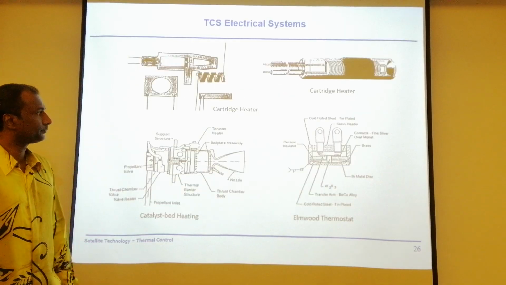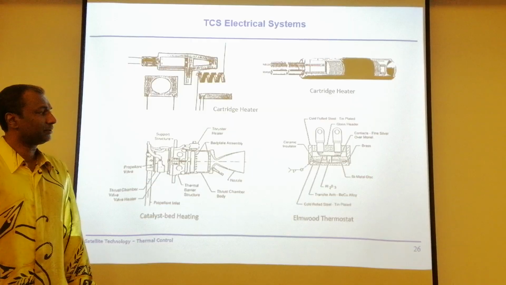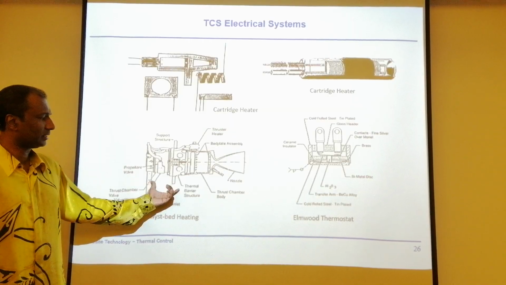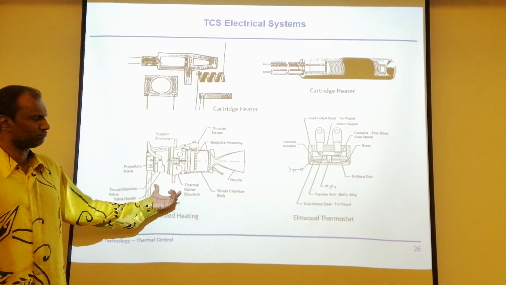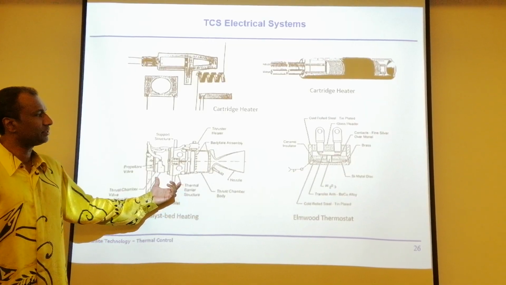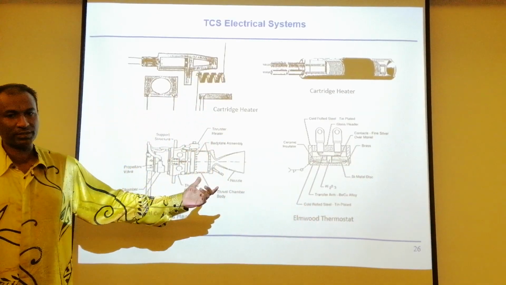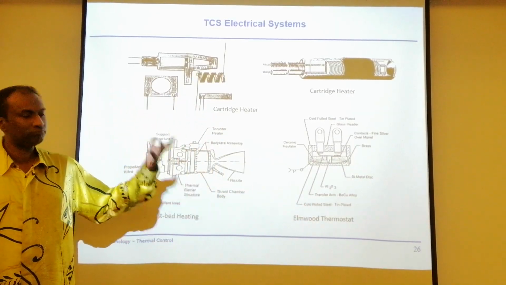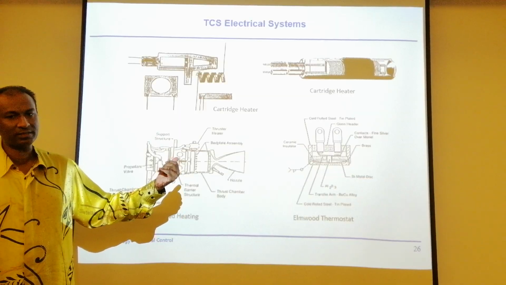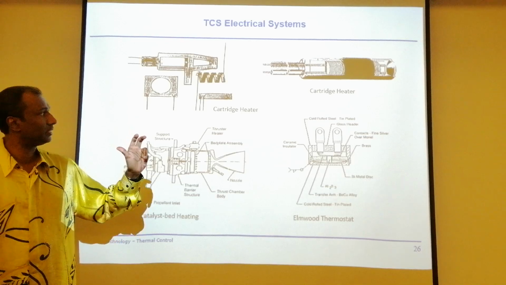Okay, go on. Okay, now thermal control, electrical system. Now remember, this is a rocket engine. I think you will be exposed to it during rocket technology. Thermostat, of course, works with temperature. You need to have the heat for it to function because you have two different materials involved.